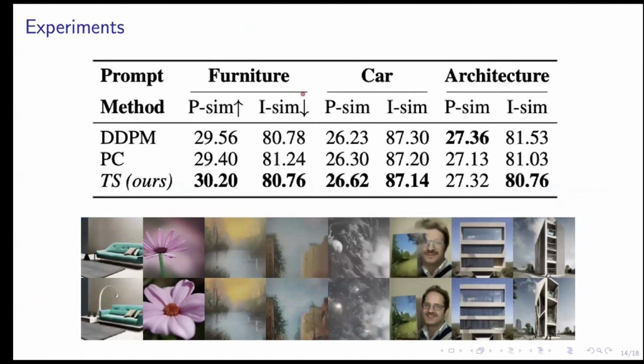The other is the diversity score, which is how diverse our generated images are. Here are some generated images. The first row represents the original predictor-corrector framework, and the second row is the predictor-corrector with our tempered version. We can see that the images are more realistic and also contain more details.